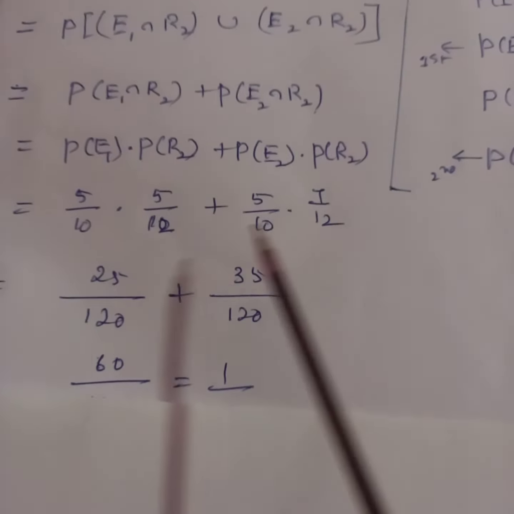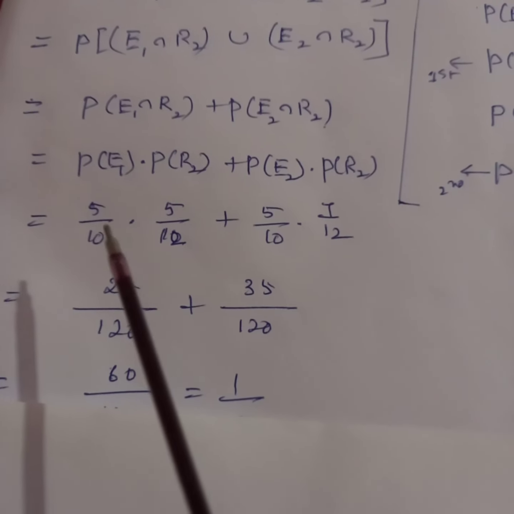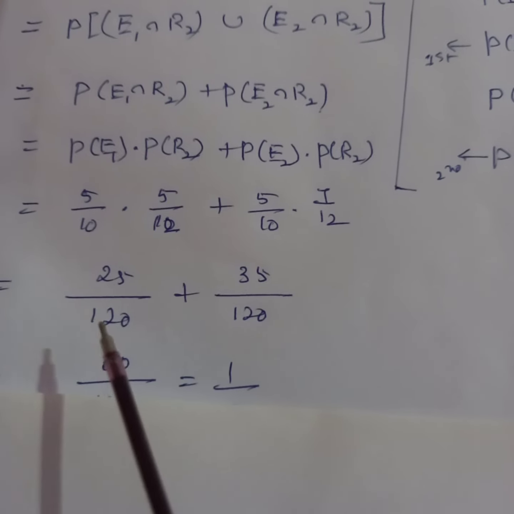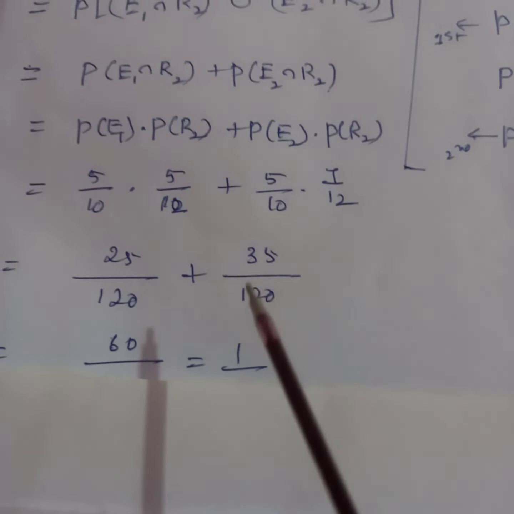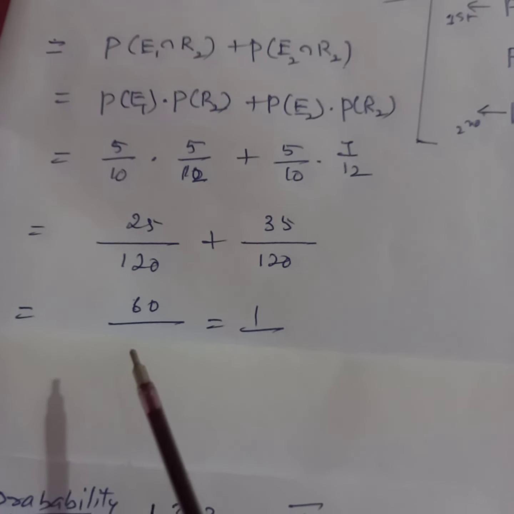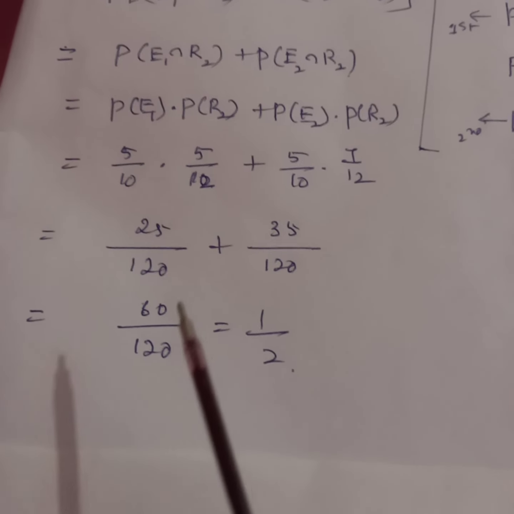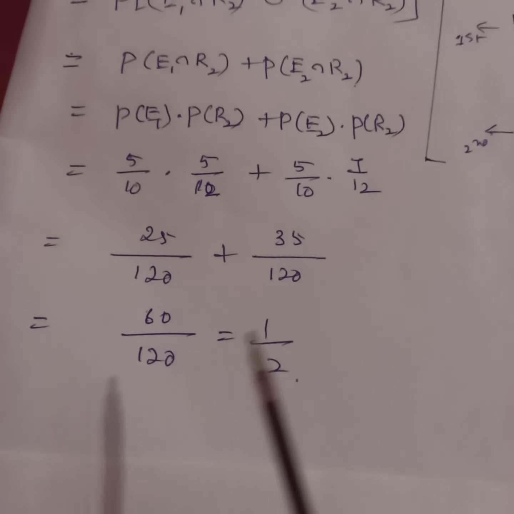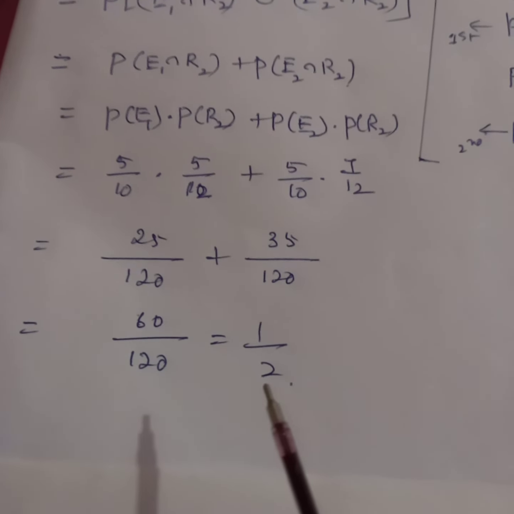So we have put all these values. Calculate that. 5 into 5, 25. 12 tens are 120. The same thing, 12 tens are 120. 5 into 7, 35. If you add up these two, you will get 60 by 120. 60 by 120 is nothing but 1 by 2.